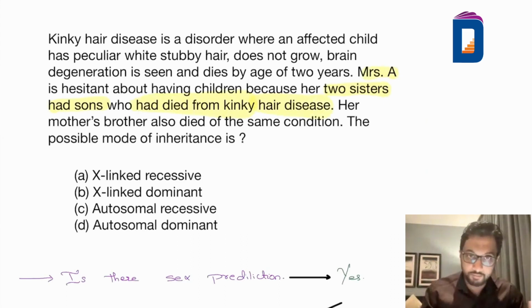So the sons are affected. And her mother's brother also died. That's again male. The same condition. The possible mode of inheritance is what?